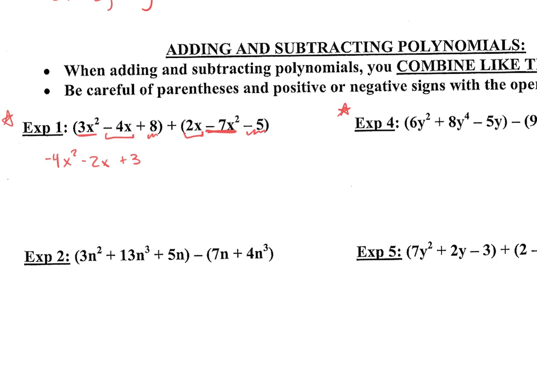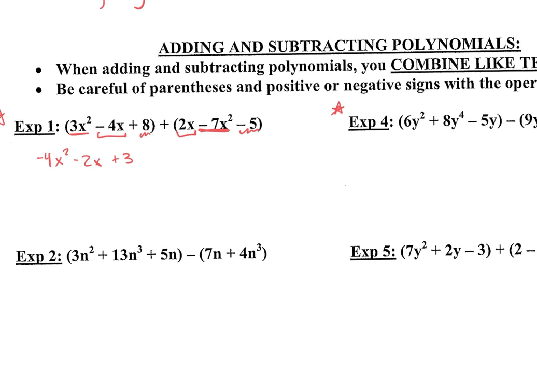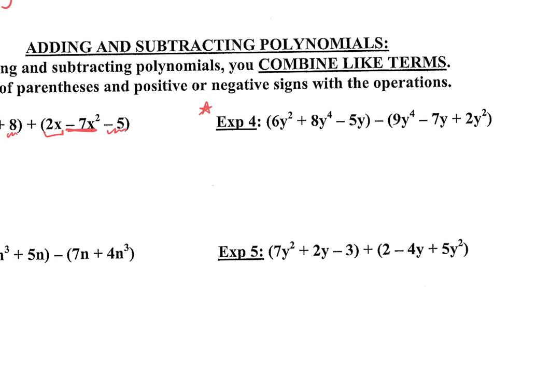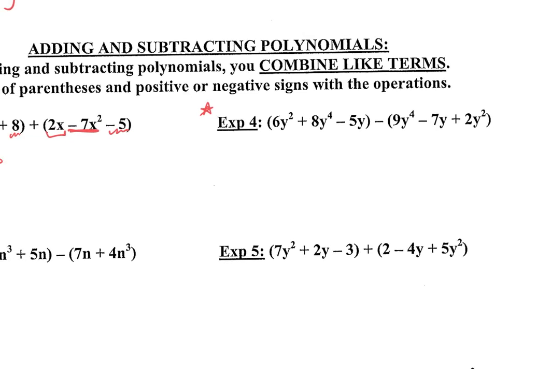You'll find that with a lot of these really, really big expressions, there's just a lot of instances of the same term. It'll all boil down into a trinomial, maybe 4 terms, but for the most part, a trinomial or a binomial. So just be very careful as you go through and find your like terms.